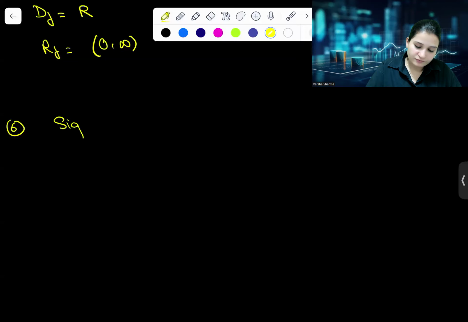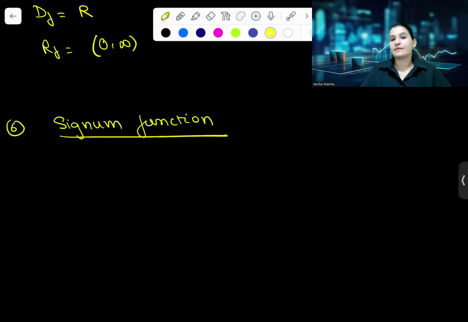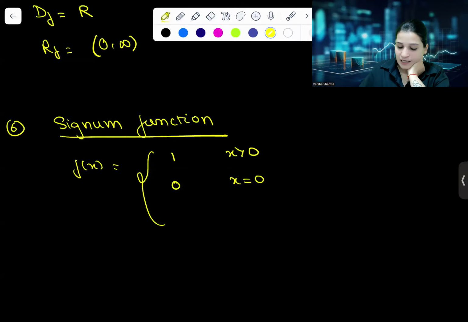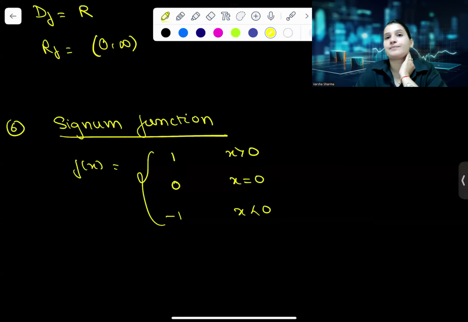Signum function. Now, the function is 1 if x is a positive number, the answer would be 0 if x is 0, and the value will be minus 1 if x is a negative number.